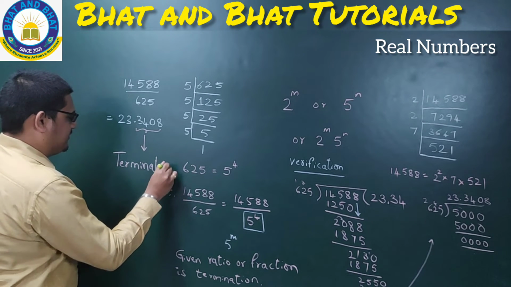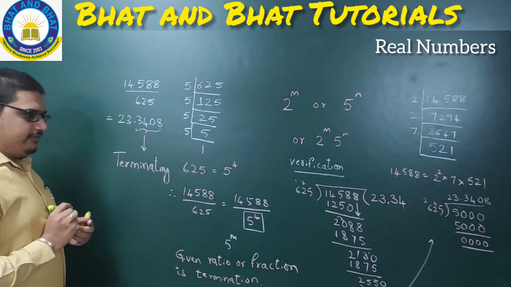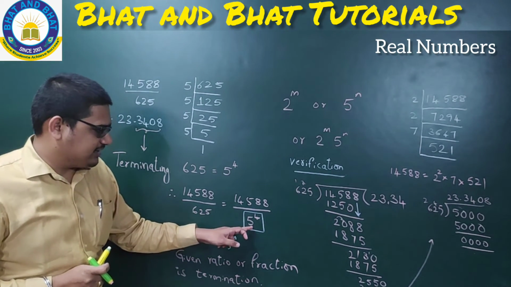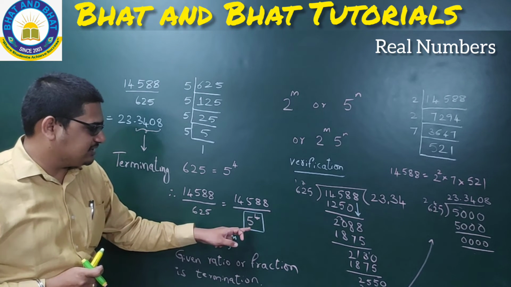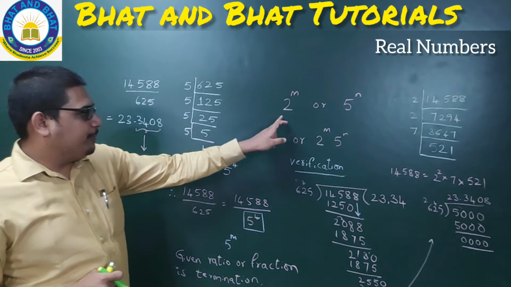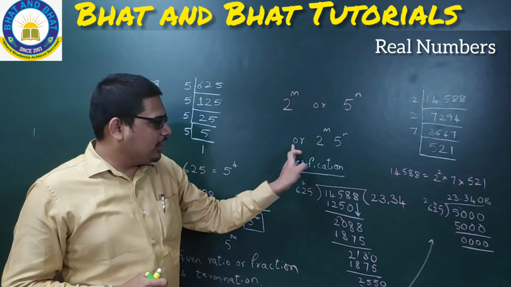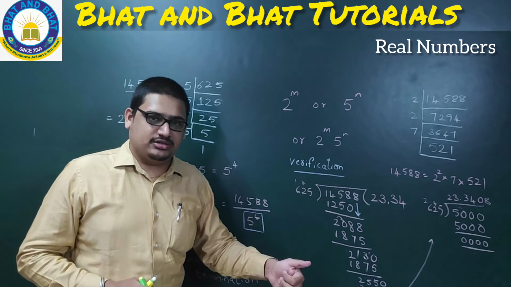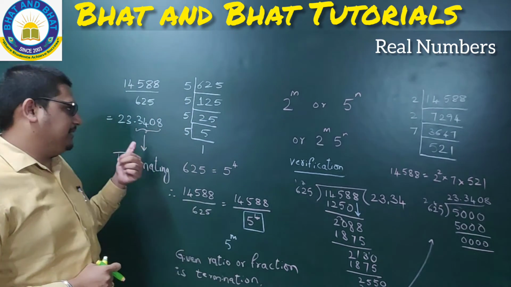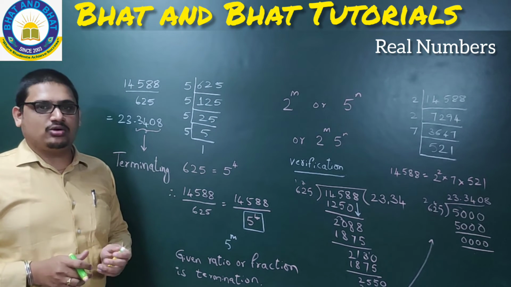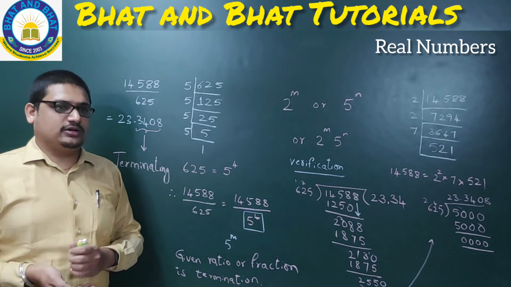It is clearly verifying our theorem: if the expansion of the denominator q is in the form of 2 power m or 5 power n or both, in that case the decimal expansion of p by q terminates. Yes, I hope now this is clear to all of you. Please note this down also.